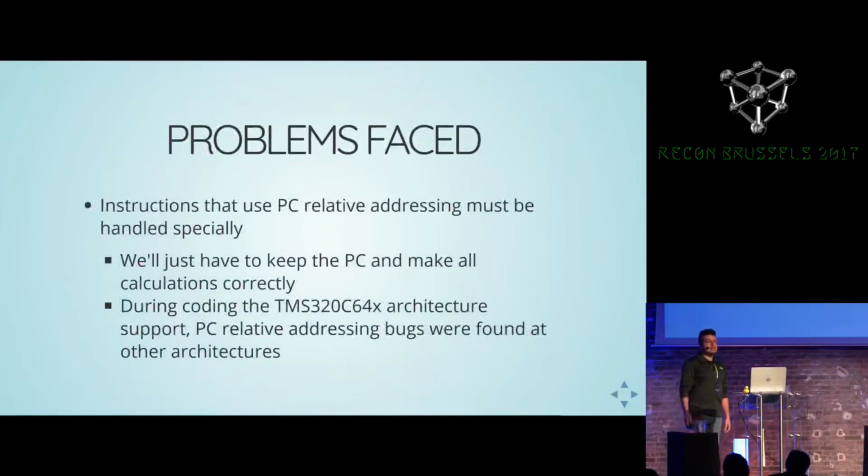Instructions with PC relative addressing must be handled specially. It's pretty difficult. You must always keep the program counter and make the calculations correctly. While I was coding support for this architecture, I found several bugs in other architectures that didn't implement PC relative addressing correctly.